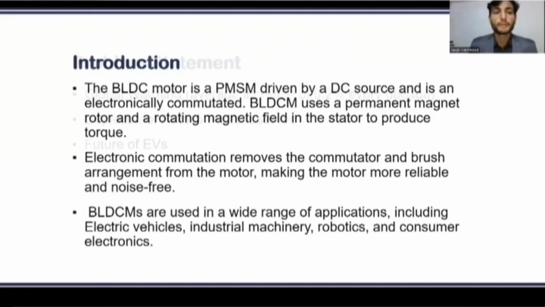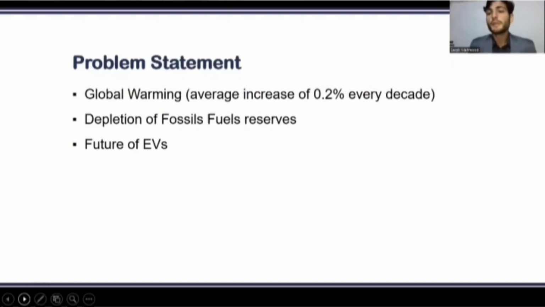So the problem statement is that the Earth's temperature is increasing every decade. According to the UN report, the Earth's temperature is increasing 0.2% every decade. It is because mainly our transportation is on the internal combustion engine, which uses fossil fuels to run.